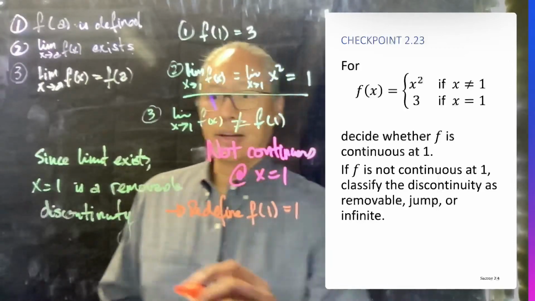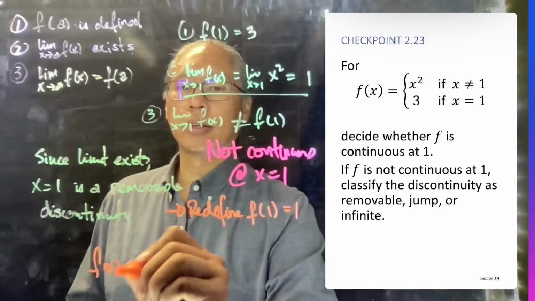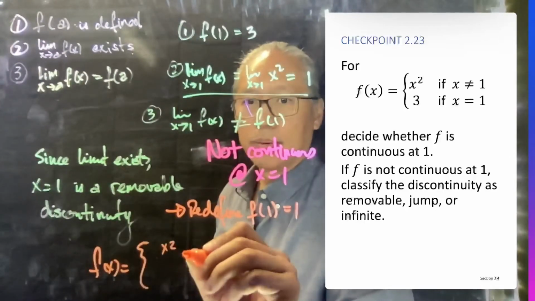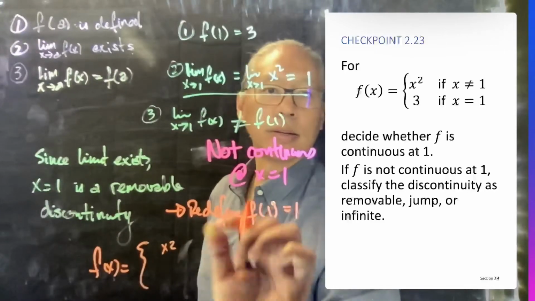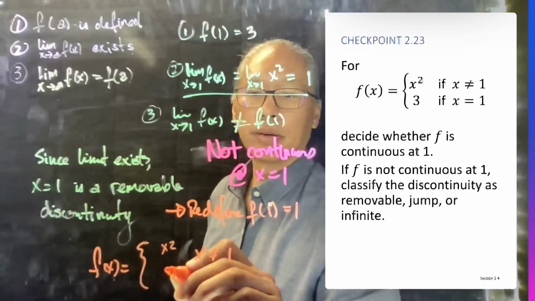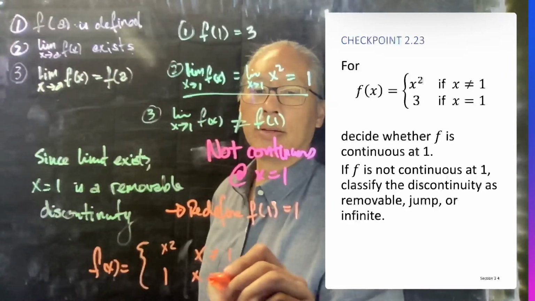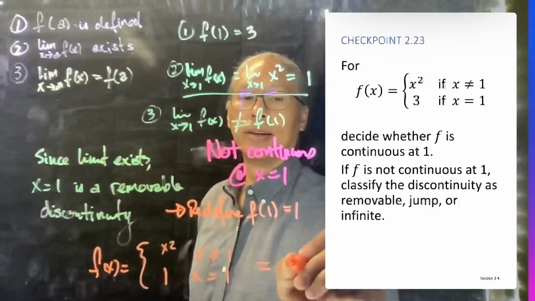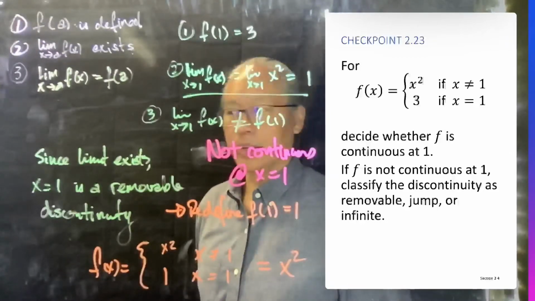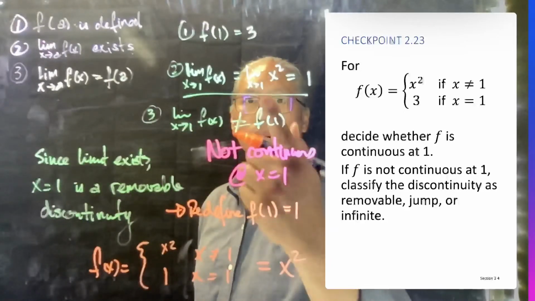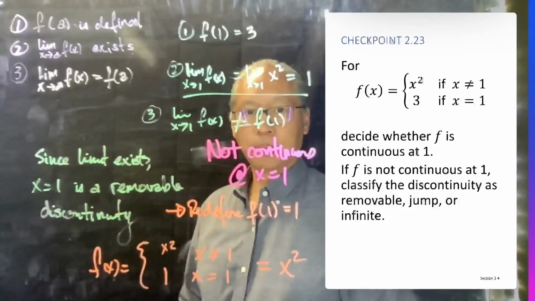And that is to say that your new function f of x will still be x squared when x is not equal to 1, and instead of 3, it'll be 1 when x is equal to 1. And since really this is the same thing as x squared, because that's the value of x squared when it's equal to 1.